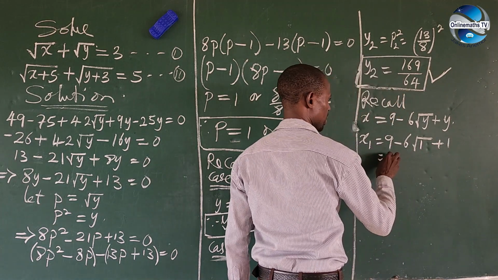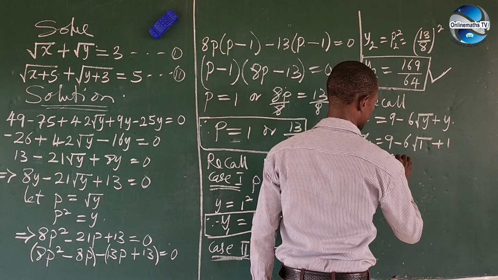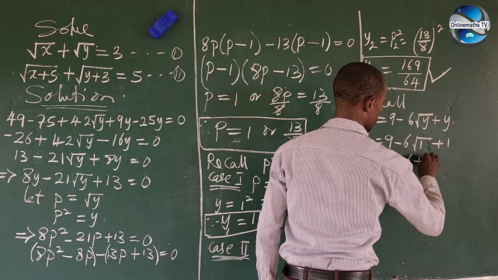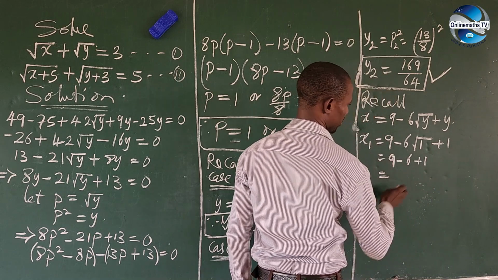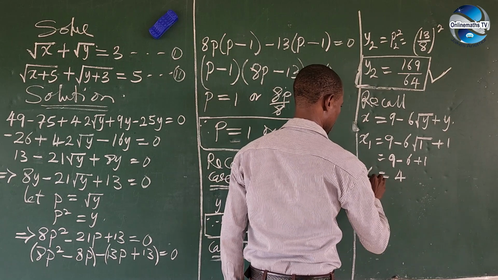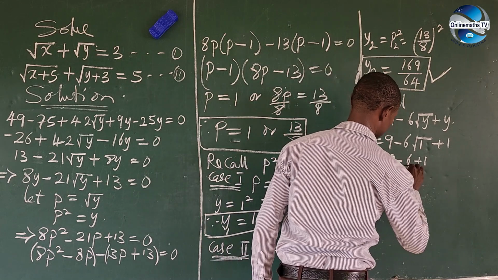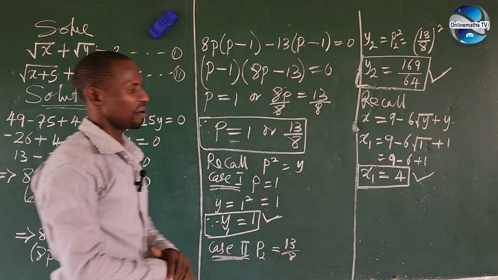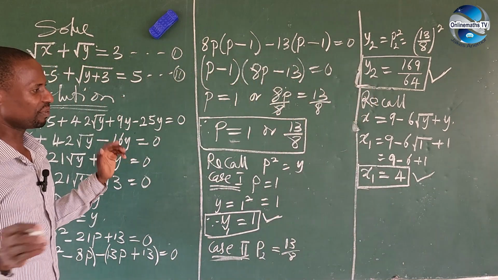So this will give us 9 minus 6 plus 1. And if we simplify, this is 5 minus... this will give us 4. So this is our x1. Okay. So we've gotten our x1. Now let's look for our x2.